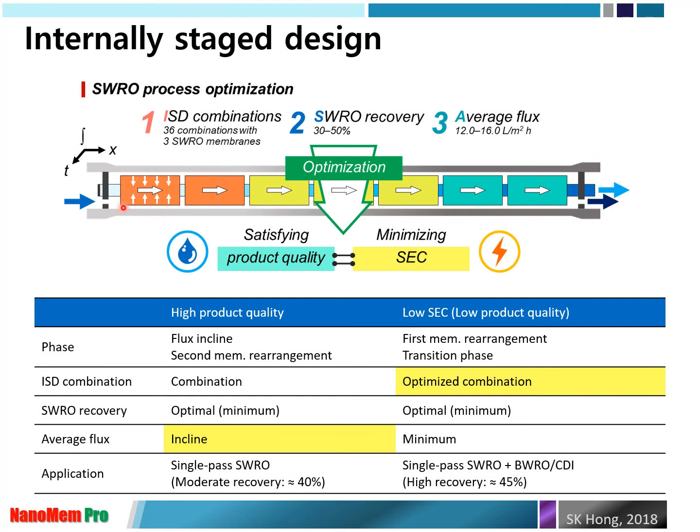However, if we consider different internally staged design, so we have a different orange color, green color, and then this module can be designed as a different quality and performance level of the RO module, so that we can improve the overall water quality as well as the specific energy consumption.